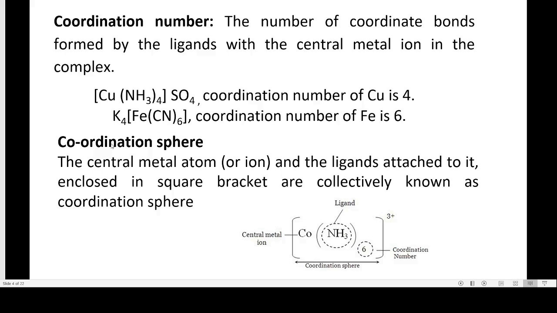The central metal atom and the ligands attached to it, enclosed in a square bracket, are collectively known as the coordination sphere. In the coordination sphere, there will be the central metal ion, the ligands attached to it, and the coordination number, written in the square bracket along with the charge.